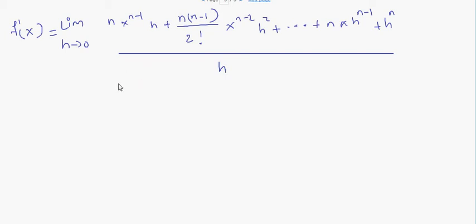Now as we can see, every term in this expansion has an h, so we can factor the h term out.